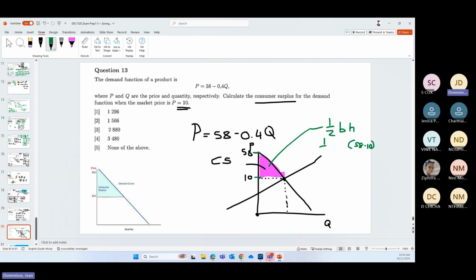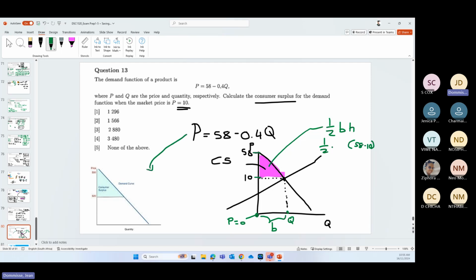The half is half, but we will need to work out that base. So we will need to work out what is Q when P is equal to 0.